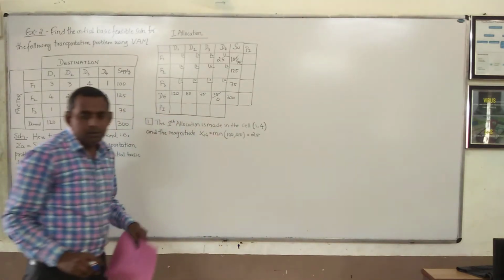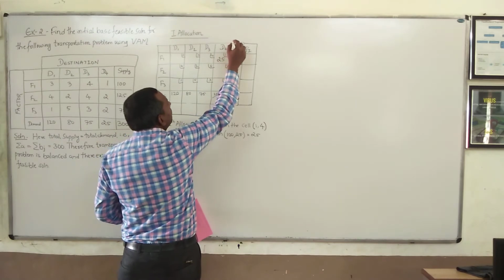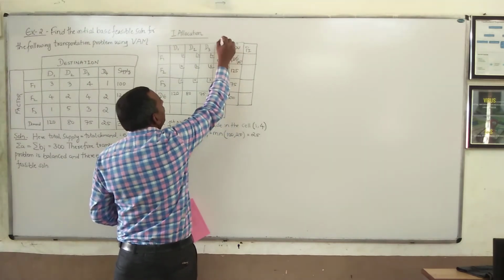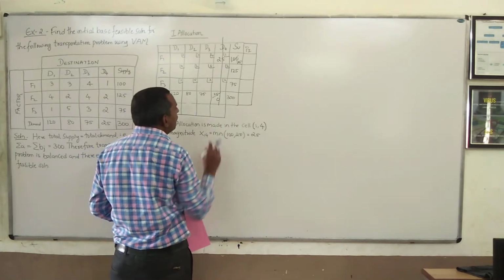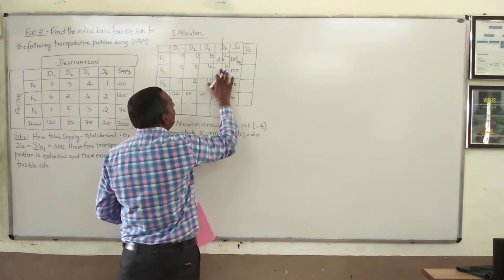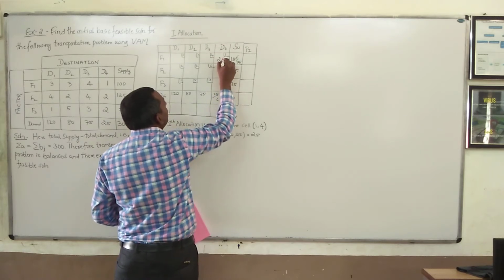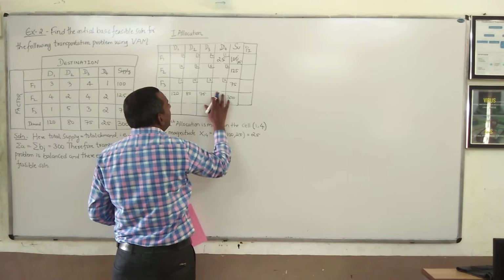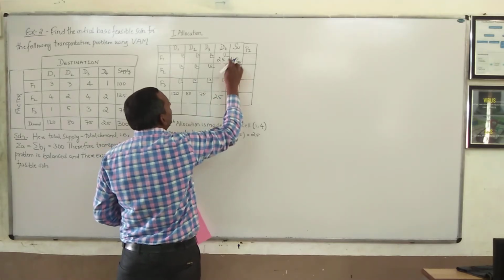So now this column got exhausted. Sorry, we have not done the actual process here yet. So it is D4, that is 25. Let me write it as 25. Here it is 100.